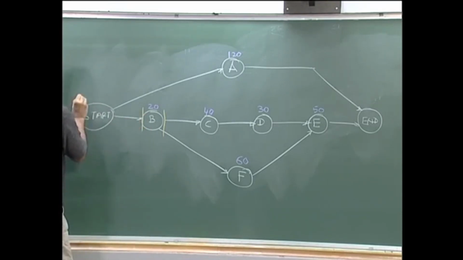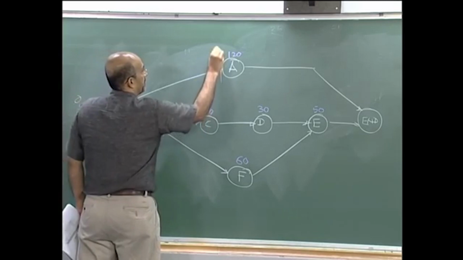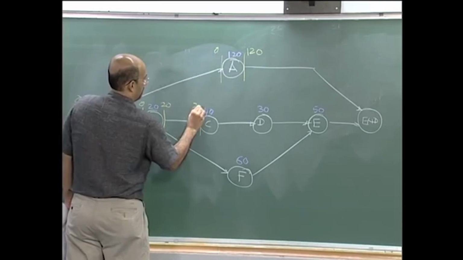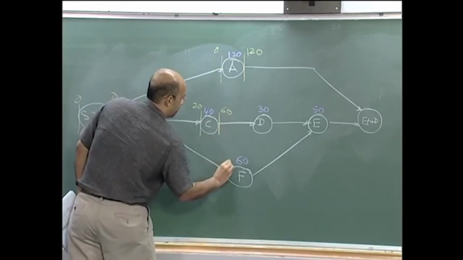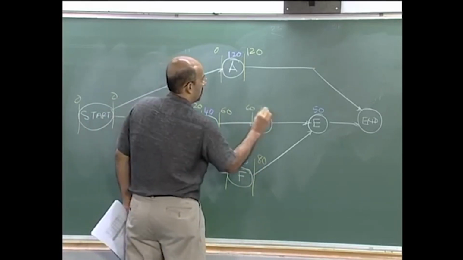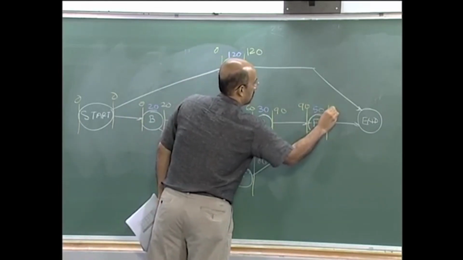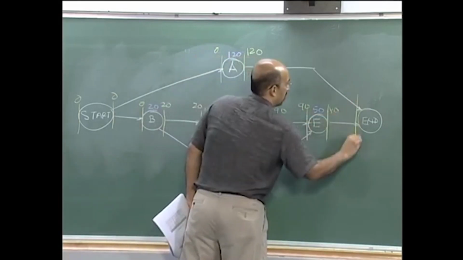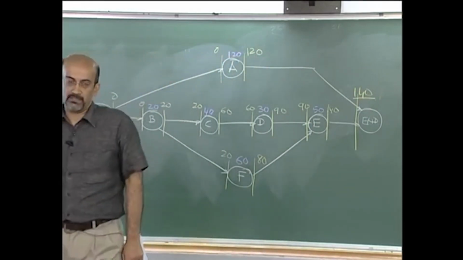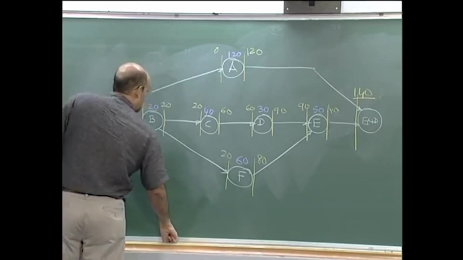So we would do 0, 0, 20, 60, and 140 is where it ends. Again, I am not going to do the backward pass, let us just go through it. The critical path is B, C, D, E.